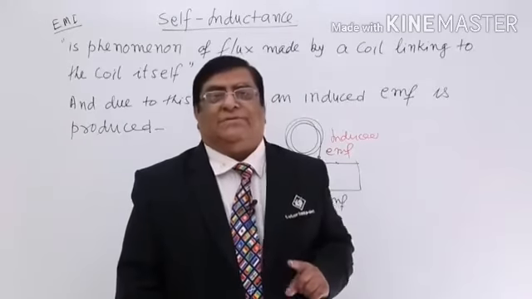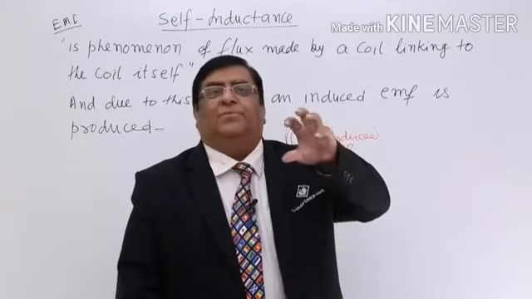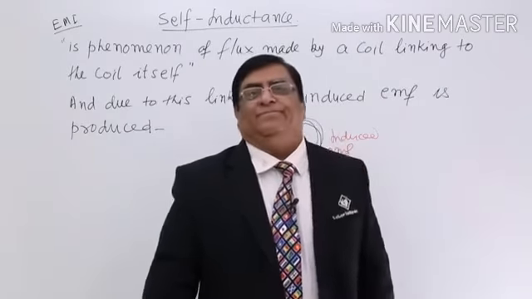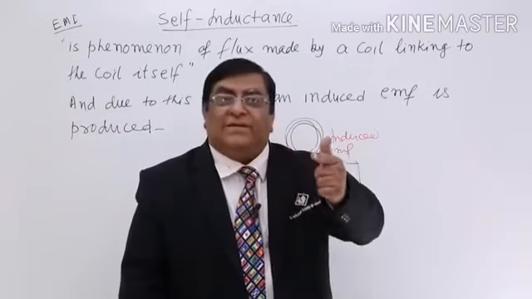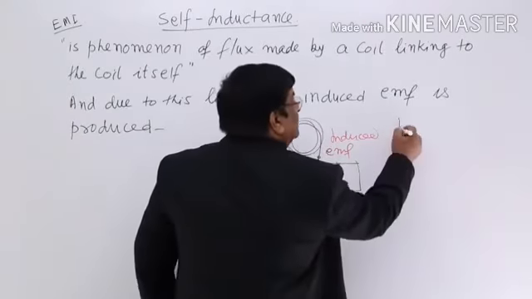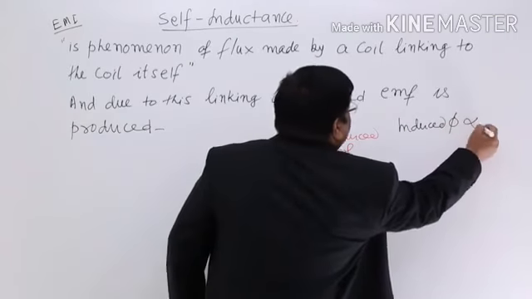Primarily what happens is when a current flows in a coil, it produces flux and that flux links with the same coil. More is the current, more is the flux. So induced flux is proportional to current.